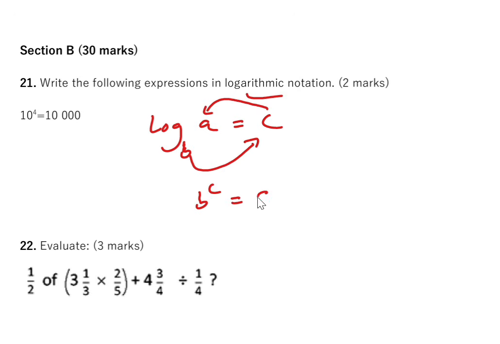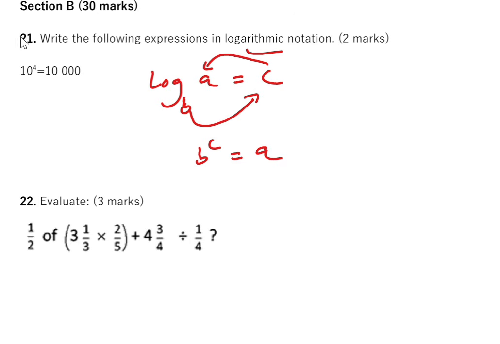So it is equals to A. So looking at this, I can call this my B. So 10, so I can say B is equals to 10. What about C? The power, I can say C is 4. And then here we have the constant value. So A is equals to 10,000.